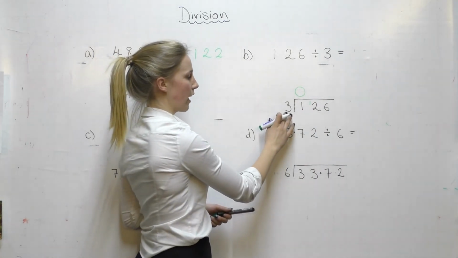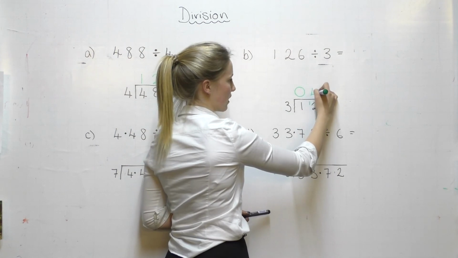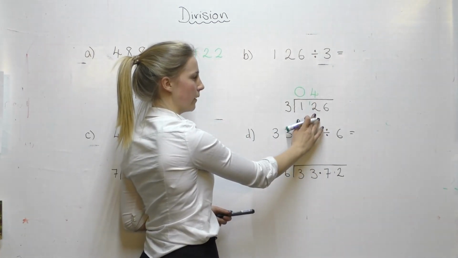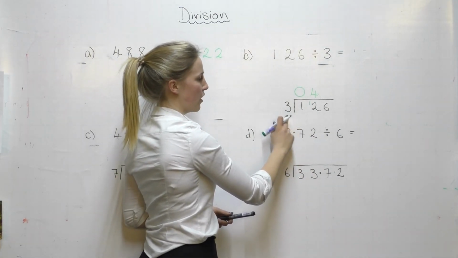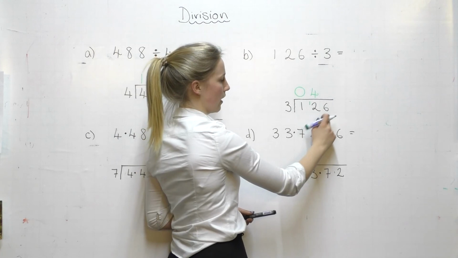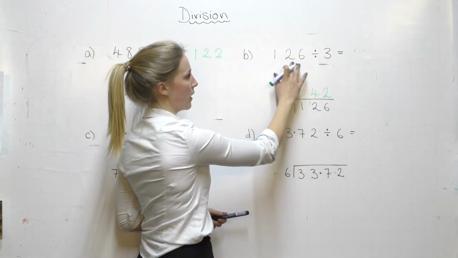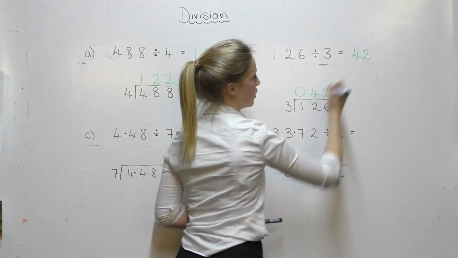I'm then going to think, how many 3s are there in 12? That's going to give us an answer of 4, as 4 times 3 is 12. I've got nothing left over, so I think, how many 3s fit into 6? And that gives me an answer of 2. So 126 divided by 3 is 42.